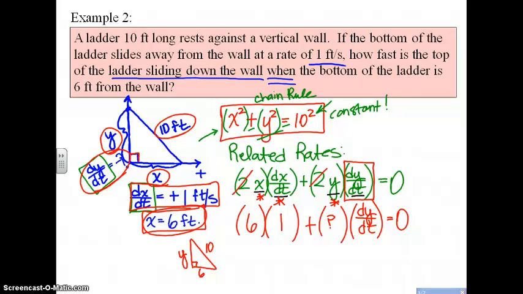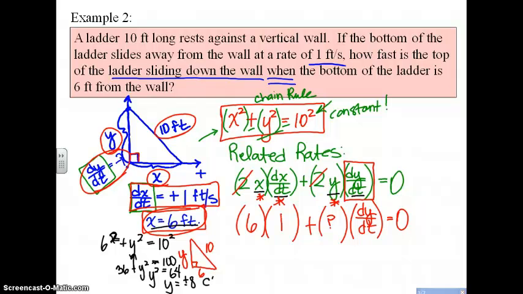I am going to use 6 squared, that's x squared, plus y squared has to equal 10 squared. And that's how I'm going to find the value of y when x equals 6. So 36 plus y squared equals 100. Subtract 36 from both sides, y squared equals 64. And y, yes, mathematically equals plus or minus 8.